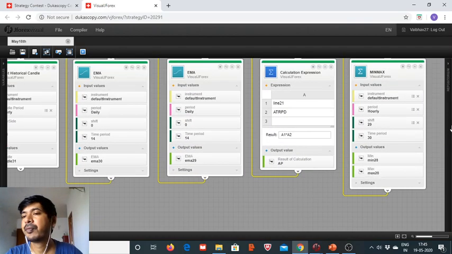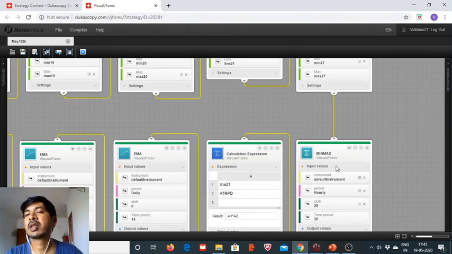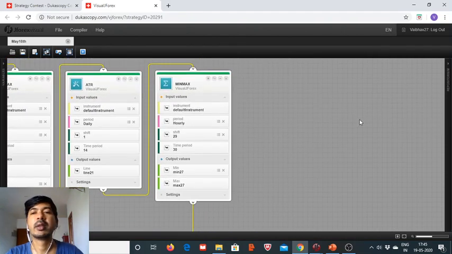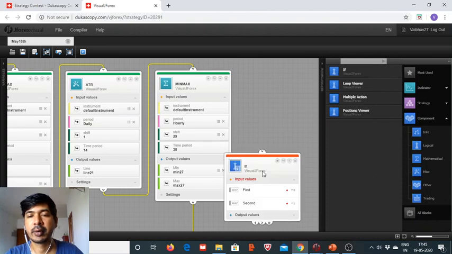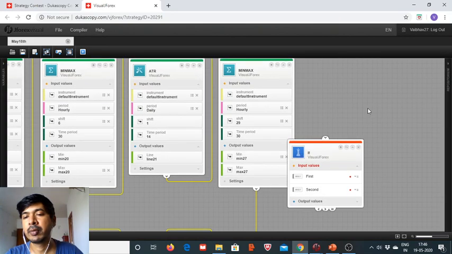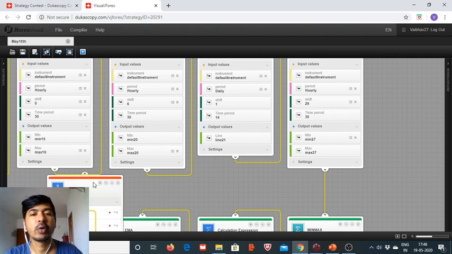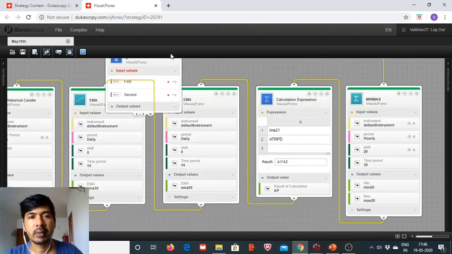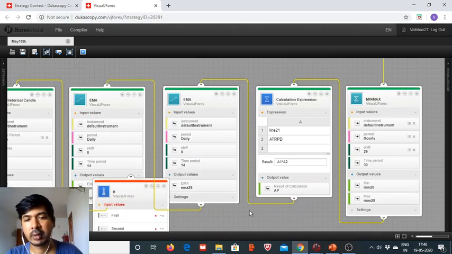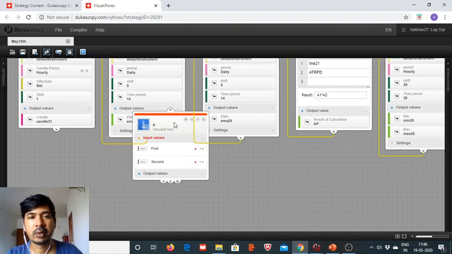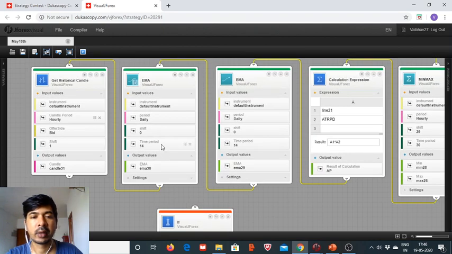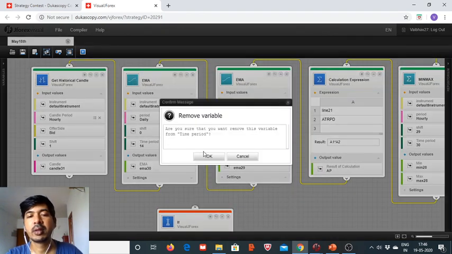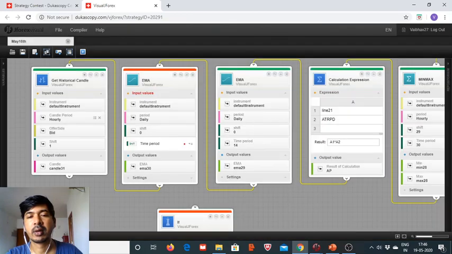Now, first things first, whenever the EMA values are pointing in a bearish trajectory, we want the sell trade to happen. When the EMA crossover is in the bullish zone, we want the buy trade to happen. So we take these EMA values and we are yet to define the time period.